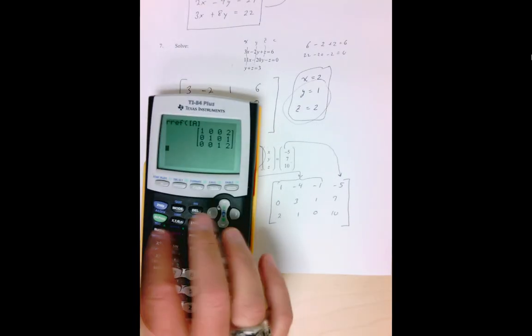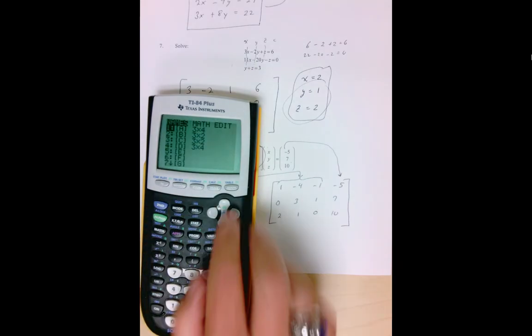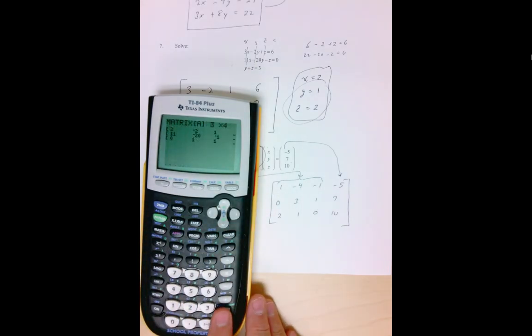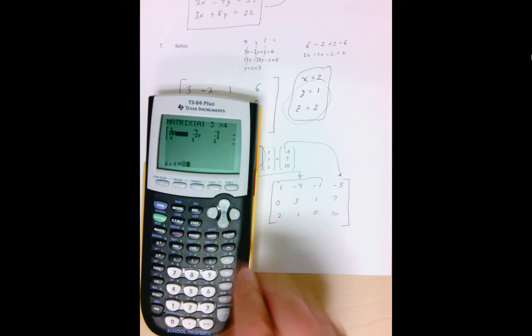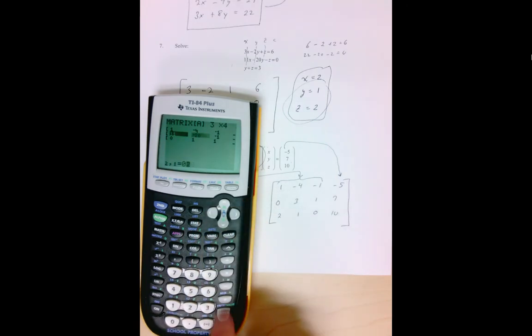So gang, I'm going to go through this one pretty quickly. So I still need a 3 by 4, so I have 1, -4, -1, -5, 0, 3, 1, 7, and 2, 1, 0, 10.